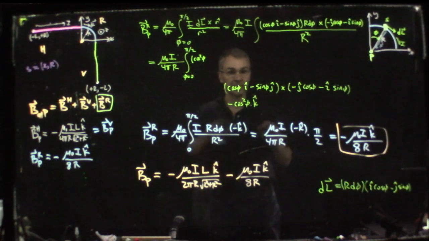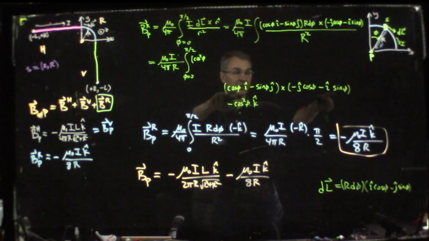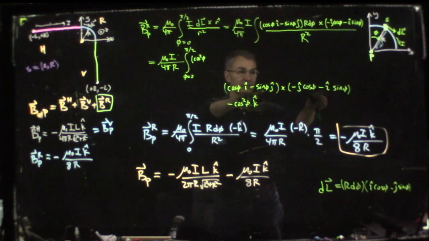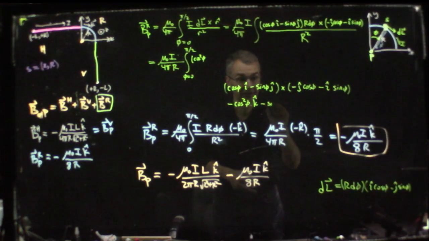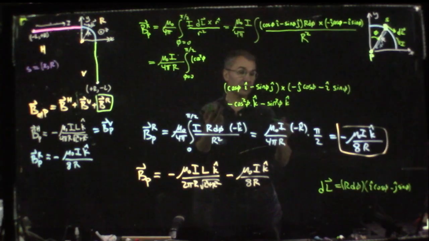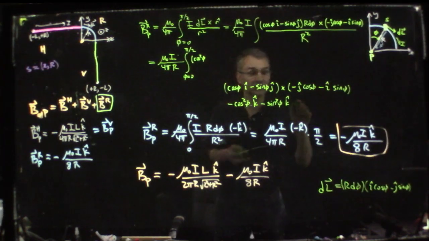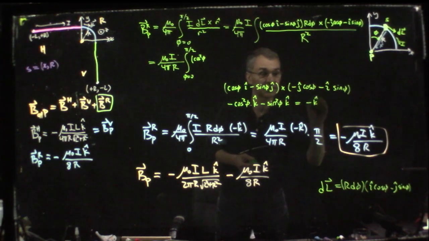So there's k hat. First term with second term, i cross i is 0. Second term with first term, j cross j is 0. Second term with second term, j cross i is minus k, and that's one minus sign, and then we have another minus sign, and we have another minus sign. So we have 3 minus signs. That's an odd number of minus signs. So there's minus sine squared phi k hat. Cosine squared phi plus sine squared phi is 1. So this just equals minus k hat.